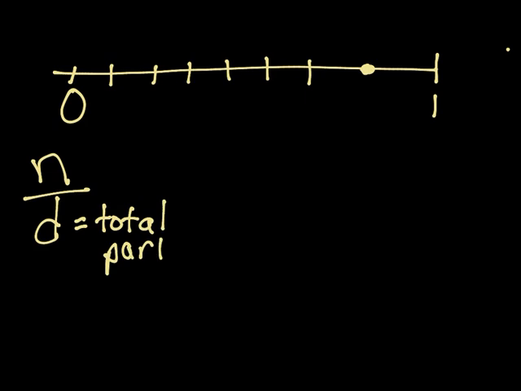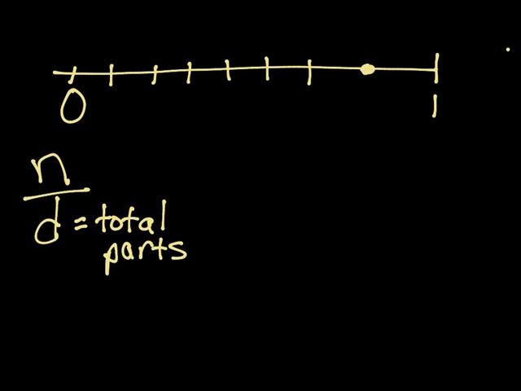So I just want to remind you guys, when we're talking about a numerator and a denominator, your denominator is always the total parts. And we're talking about the total parts between 0 and 1.